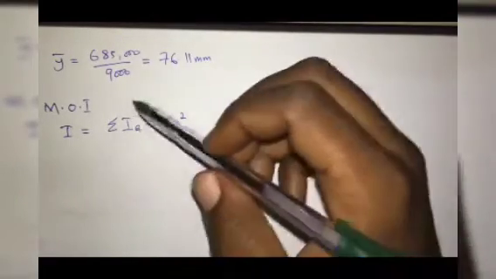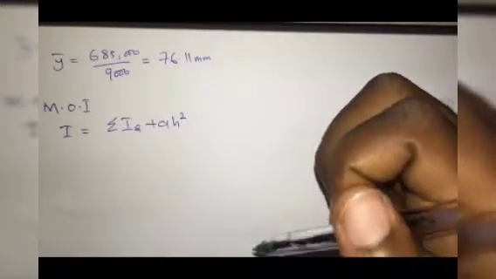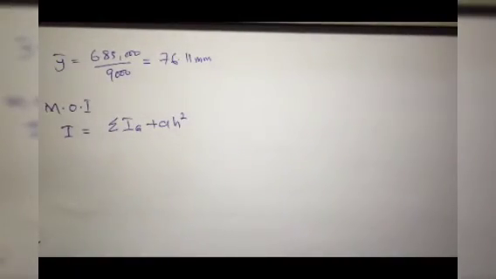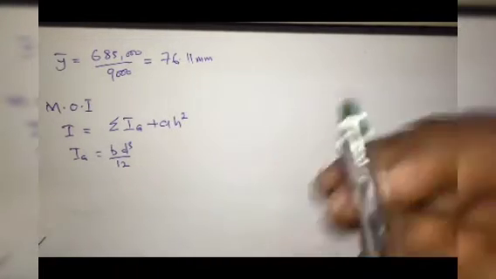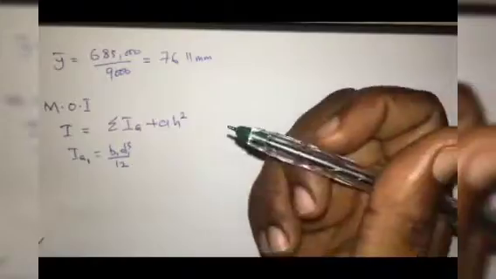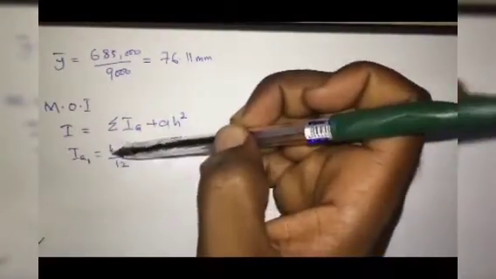This is the formula for the parallel axis theorem. Let's start with IG1, that's for rectangle 1. The moment of inertia of a rectangle is given by BD cubed over 12, so this is B1 D1 cubed over 12.